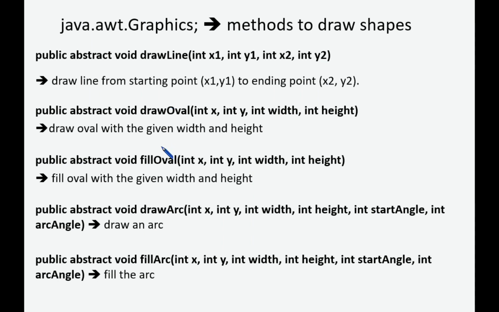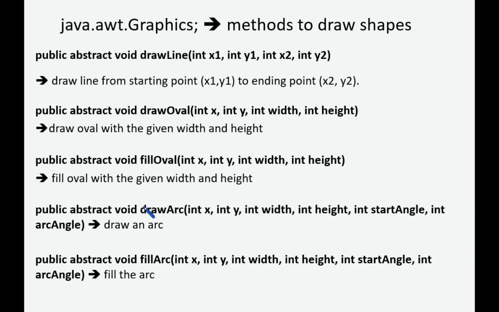For both drawOval and fillOval, the number of arguments is the same. That is the top left corner, given by x, y, followed by width and height. In the case of drawOval, an empty oval will be displayed, whereas with fillOval, an oval with shaded color will be displayed.